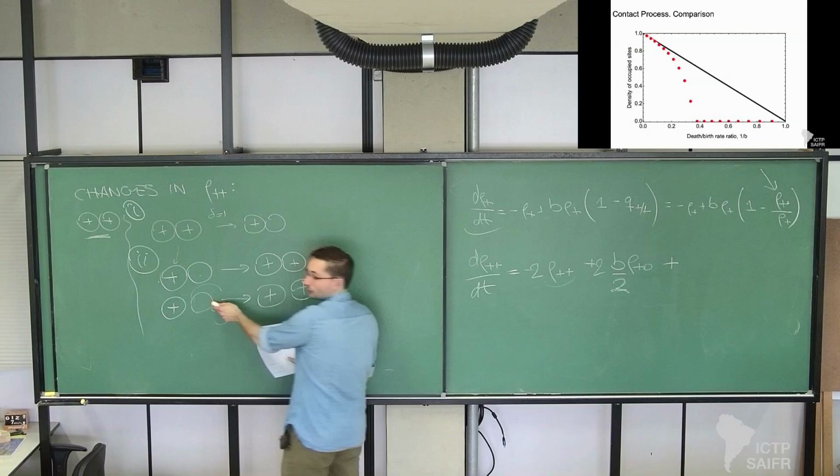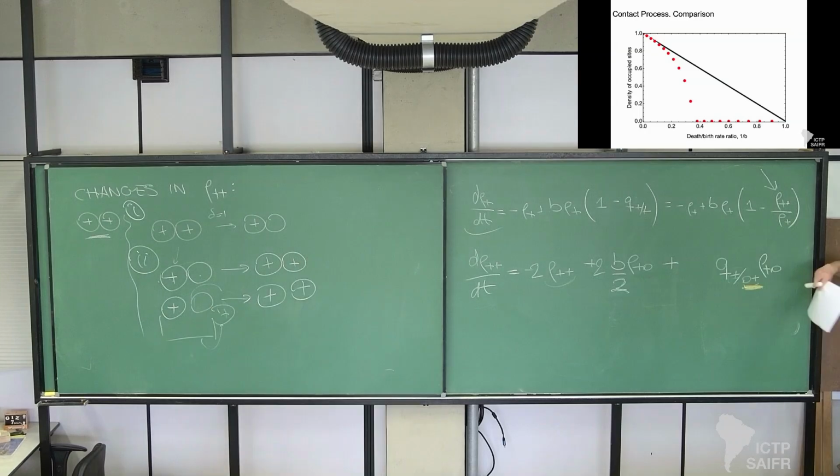So basically the probability that I chose these two guys here, and then I have a plus next to them. This is the tricky point, because this is higher order correlations now.